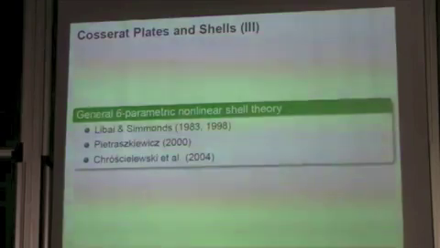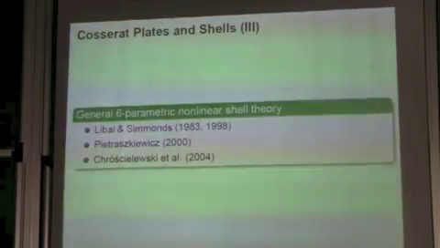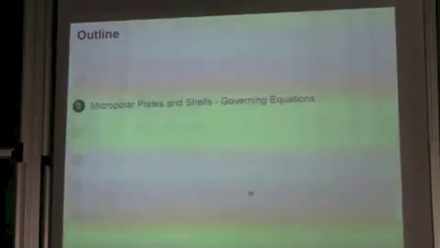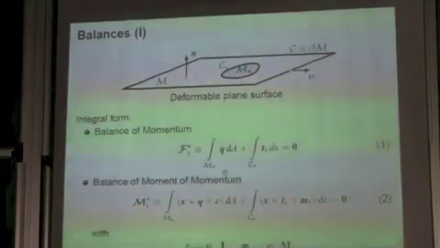One of the pioneering monographs in this field is the monograph of Libai and Simmonds, and there is a Polish school, mostly known from the Gdansk area. Pietraszkiewicz, I think, was the first who presented these theories. And now let's discuss the basic equations or the governing equations of such type of theory.